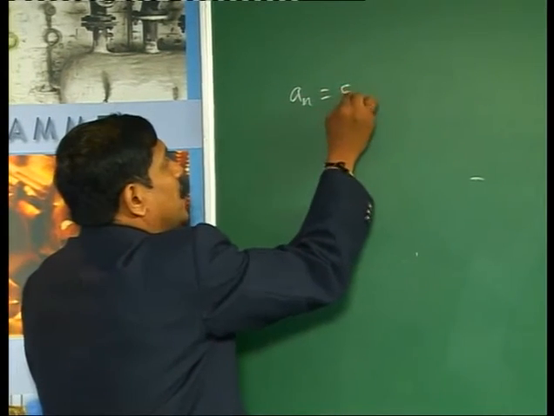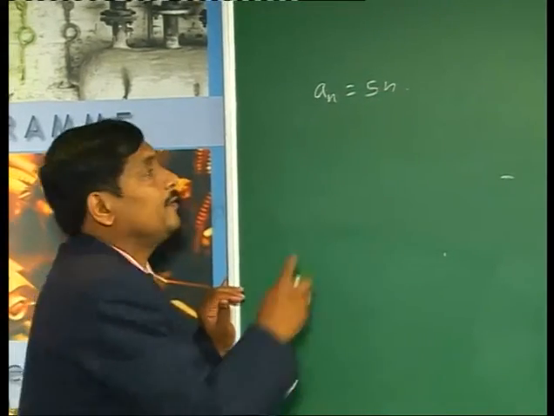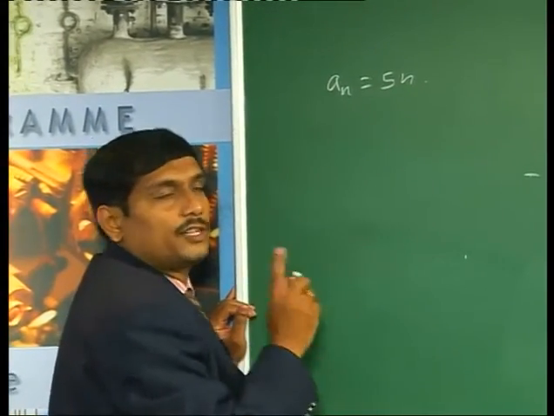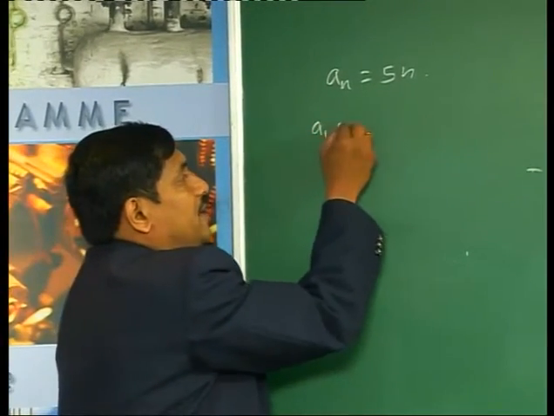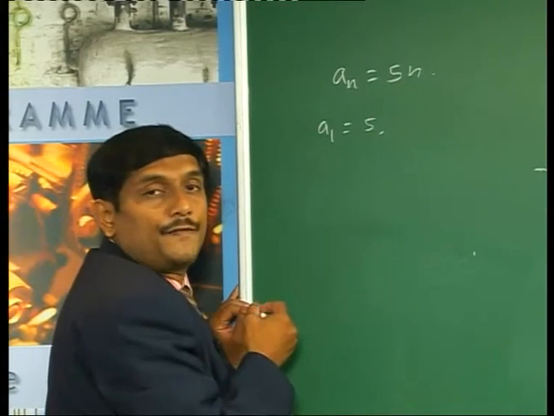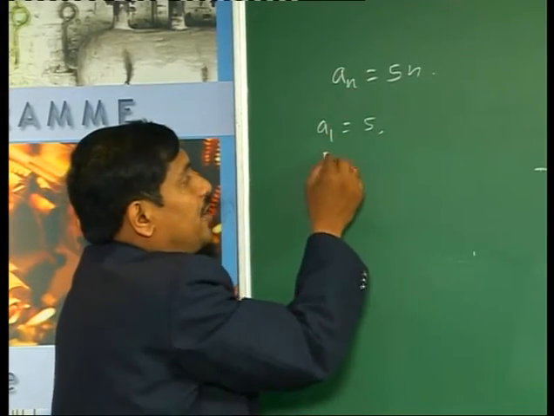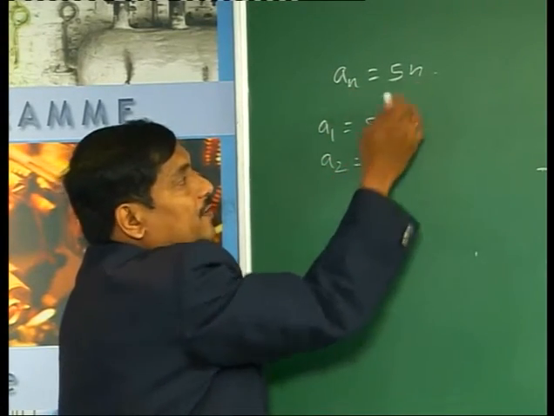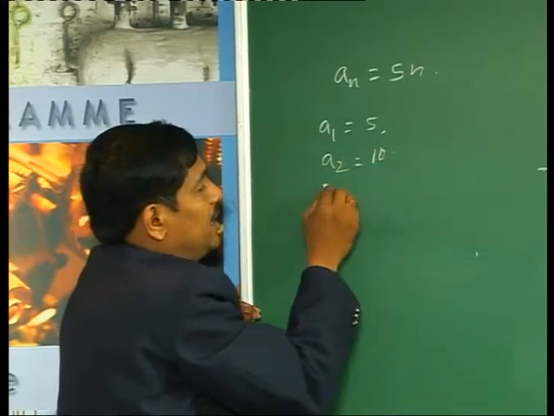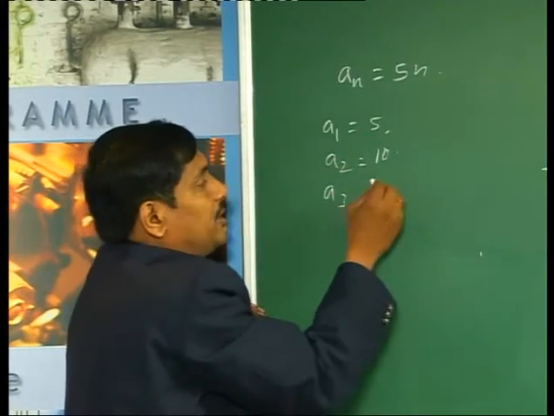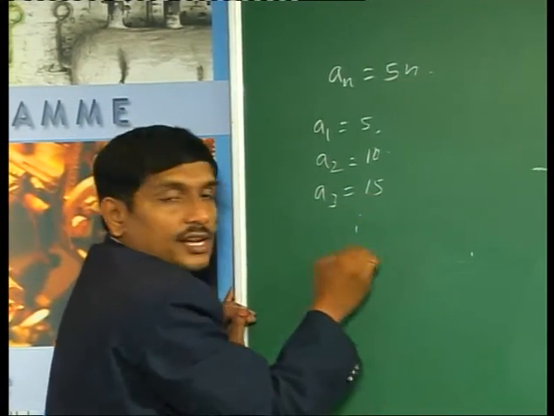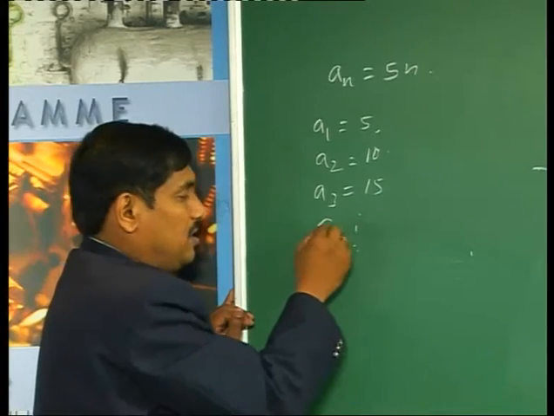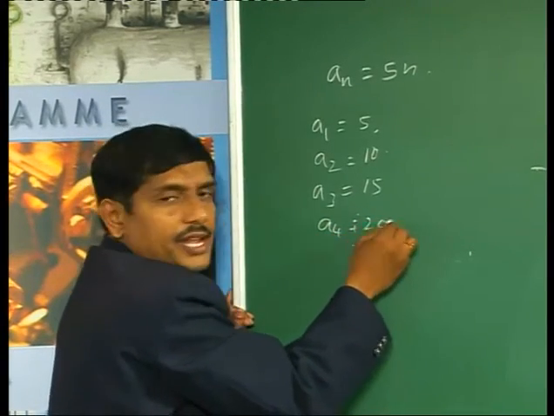Put n equal to 1, you get a1 equals 5, and if you put n equal to 2, you get a2 equals 5 into 2, that is 10. Similarly, a3 means 5 into 3, that is 15, and a4 is 20.